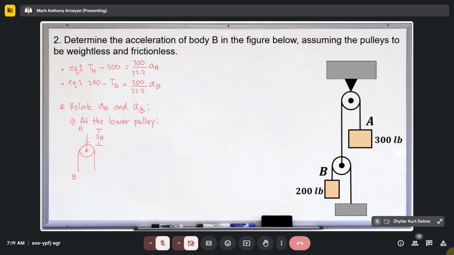Now, if we pick a point on our rope that connects A, let's say this is its starting point, and then it has a displacement equal to SA, if we're also going to track a point on our block B, say here, what will happen? Now, when it moves, class, say this is our pulley.